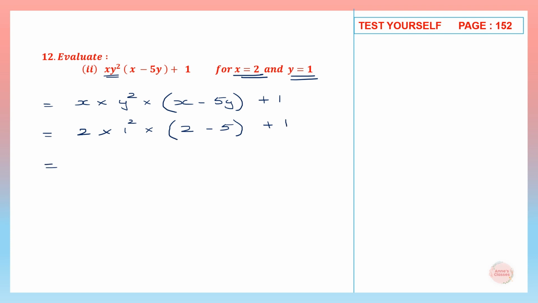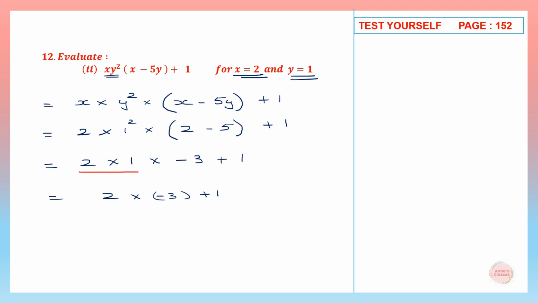So this will be 2 into 1 square is 1 into 2 minus 5 is minus 3. 2 minus 5 is minus 3 because we put the sign of the bigger number and we subtracted, plus 1. Now we have to do multiplications first. So first let's do this. 2 into 1 is 2 into minus 3 plus 1.